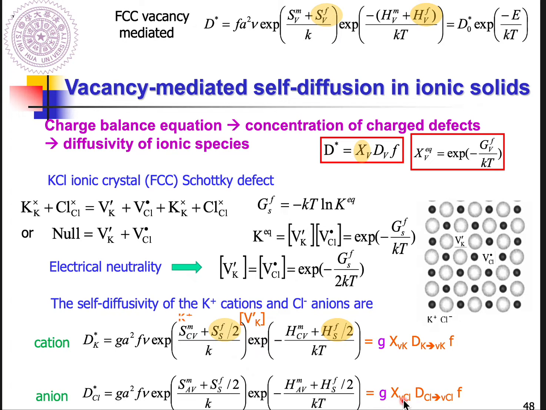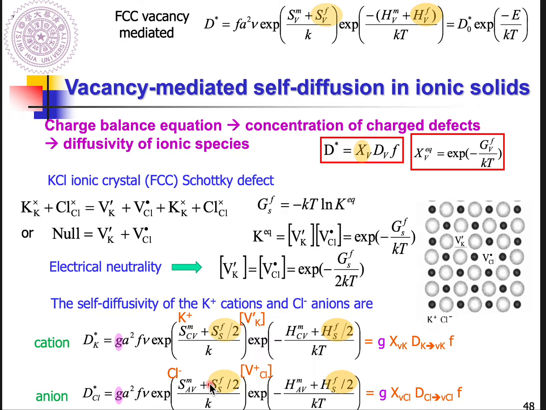The same idea applies here: the vacancy fraction of chloride at the chloride site is equal to this one, separated into entropy and enthalpy terms, and the migration energy is involved in the chloride ion migrating into the vacancy at the chloride site.